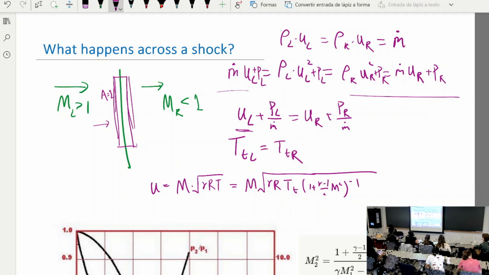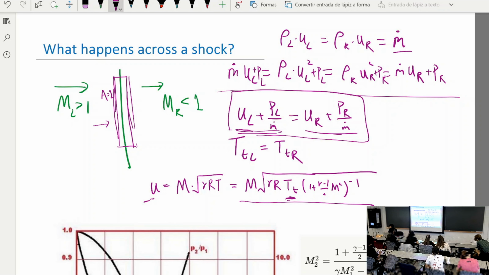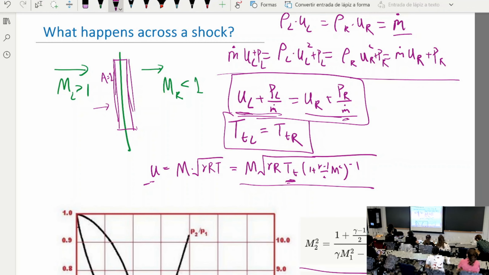That's the static temperature. It turns out you can write both left and right in terms of something proportional to the square root of stagnation temperature and just the Mach number. Through this equation and the mass conservation equation, which gives you that m dot is the same, and the stagnation temperature being conserved, you can derive the relationship.